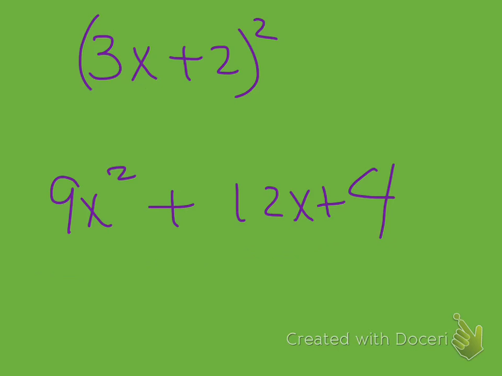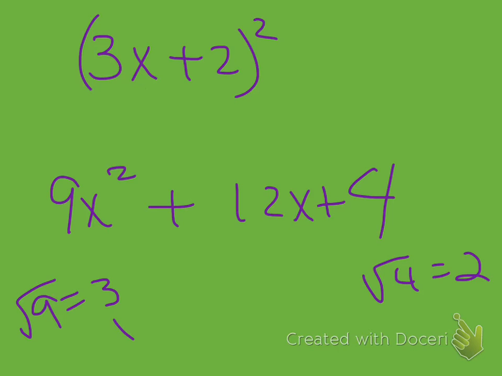Now I have a coefficient in front. So this has to be a perfect square. If I took the square root of 9, I have to get an integer. Actually, a whole number, a positive number anyway. And so this is a perfect square trinomial because I get a 3. Right here, 4 has to be a perfect square. It is. I get 2.